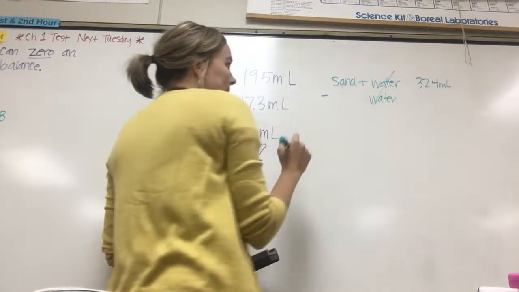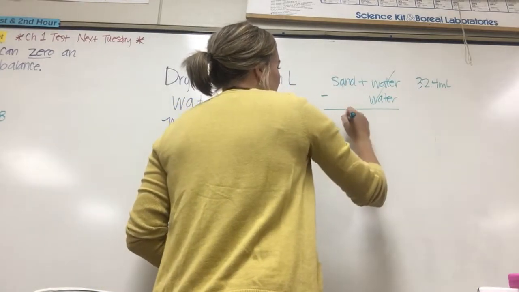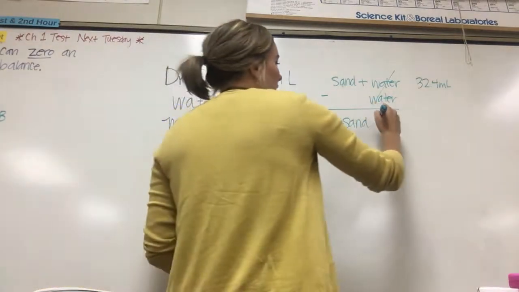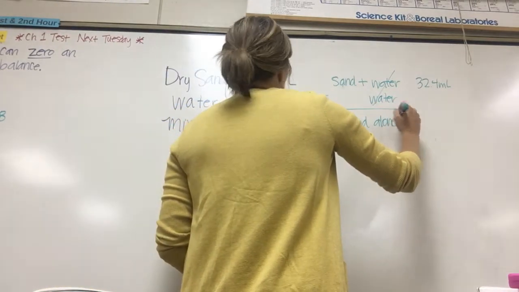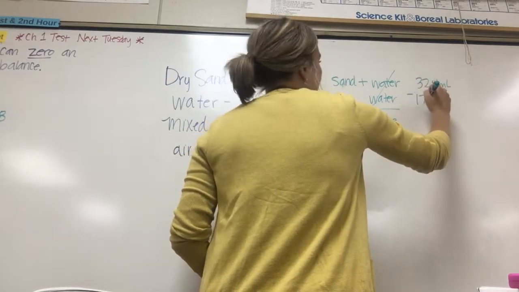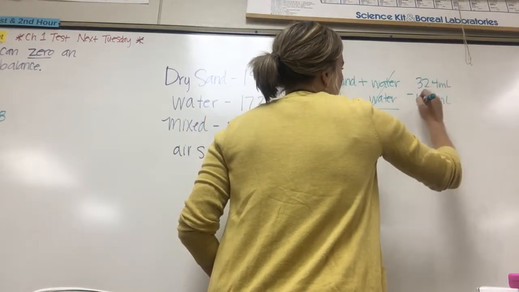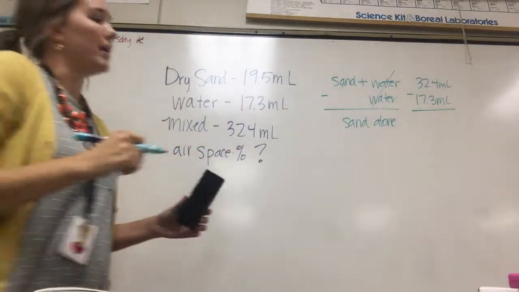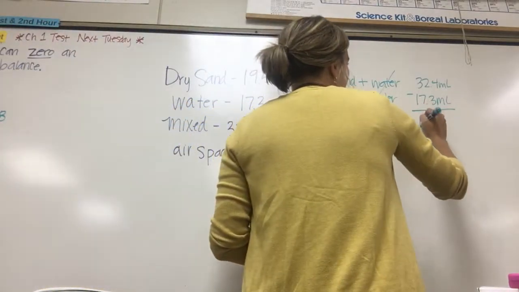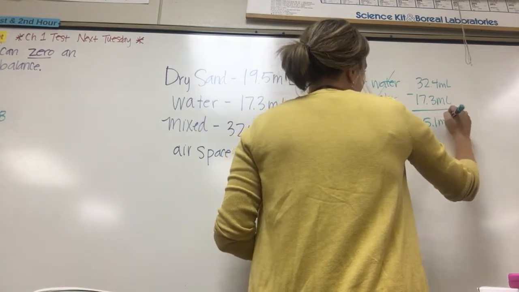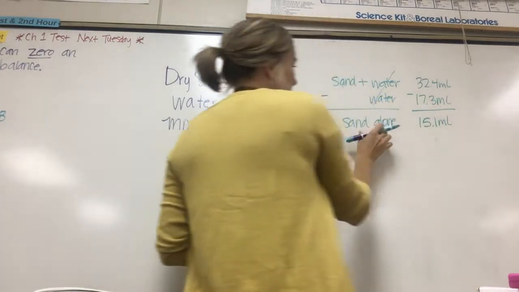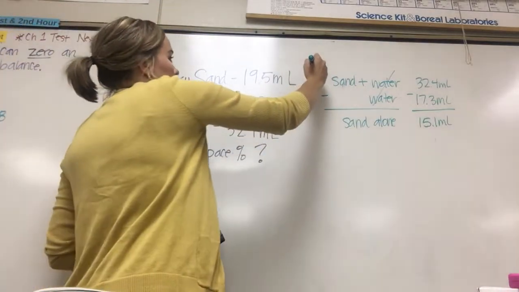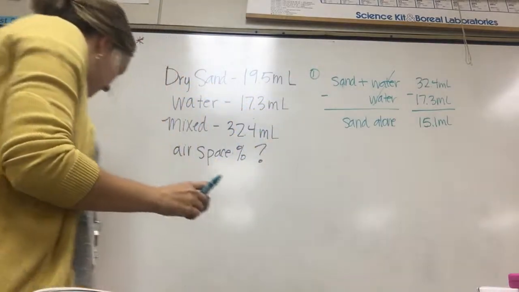These will kind of cancel, and then we're left with how much sand we have: sand particles alone. So we're going to subtract our 17.3 mils of water, and then we're going to end up with 15.1 mils of sand particles alone. So that's step one. That's the first thing you want to do.